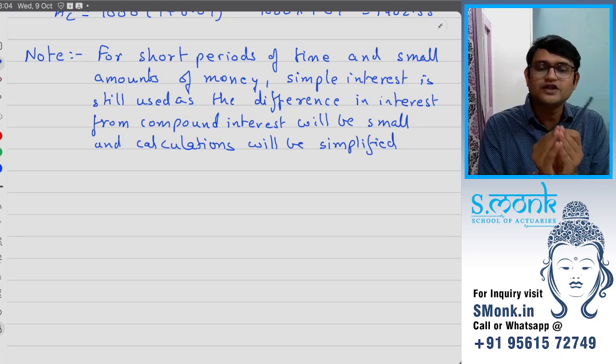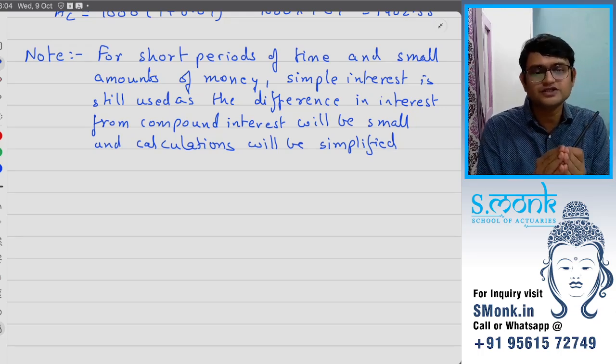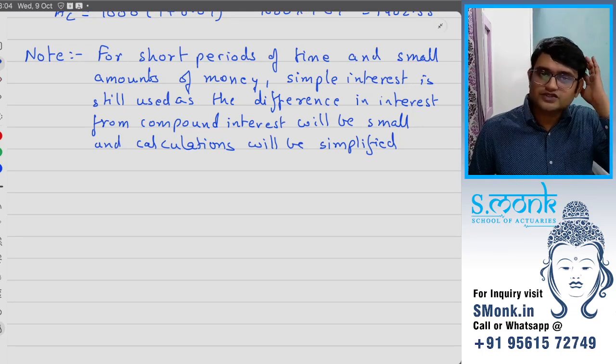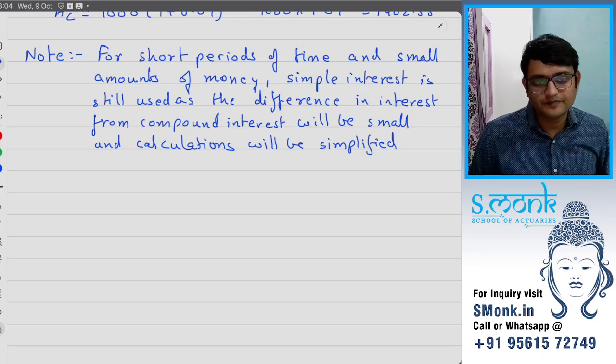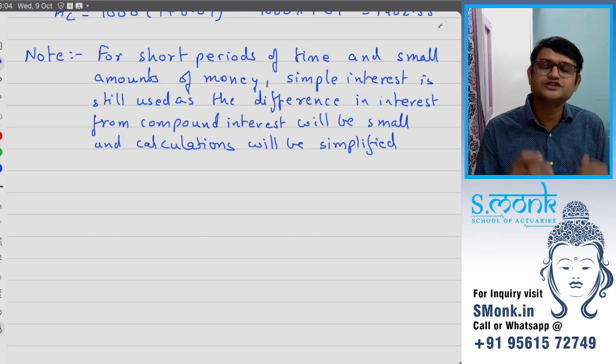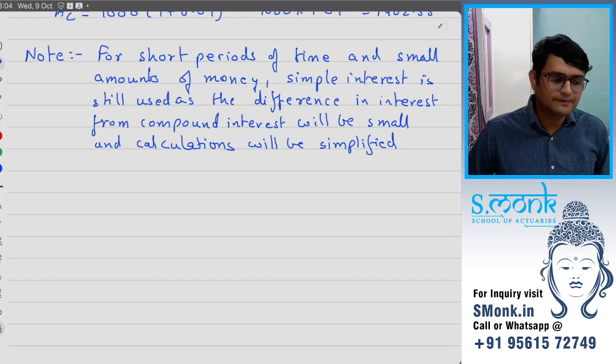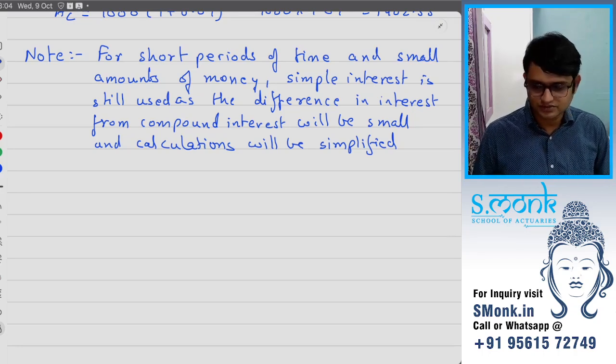It is more convenient for us to use simple interest rather than compound interest. And the difference between the interest will be negligible or will be very small. That is why we still use simple interest for short periods of time and small amounts of money. That should be your answer.